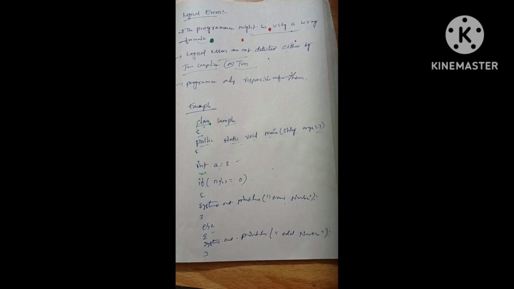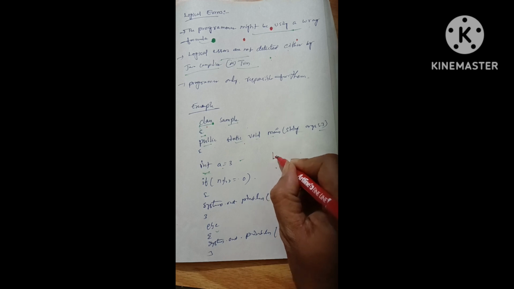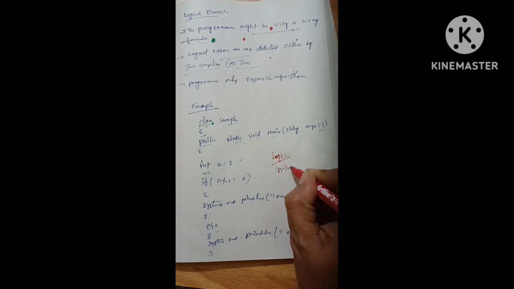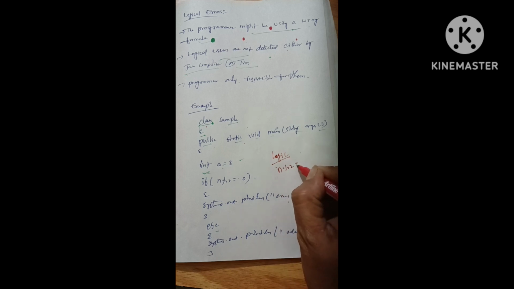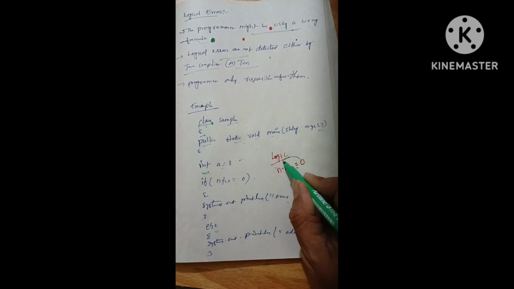The even or odd number logic is n % 2 == 0. Our logic is n modulus 2 double equal to 0, but as written, the 0 is stored into n modulus by 2. This is the wrong formula.